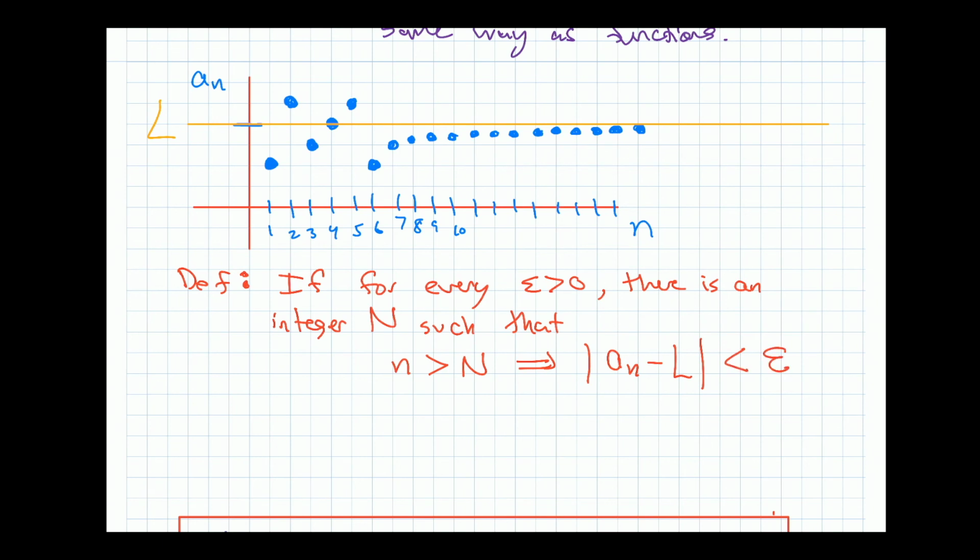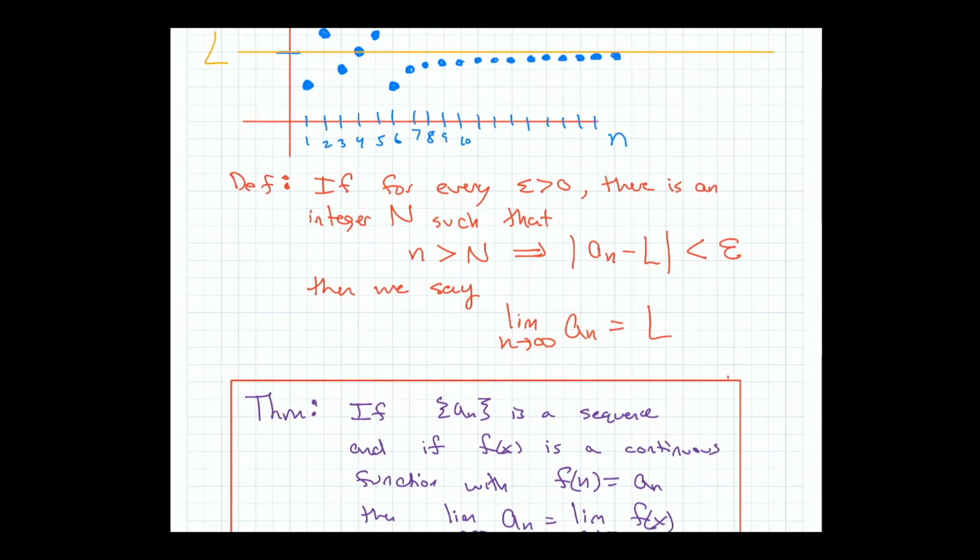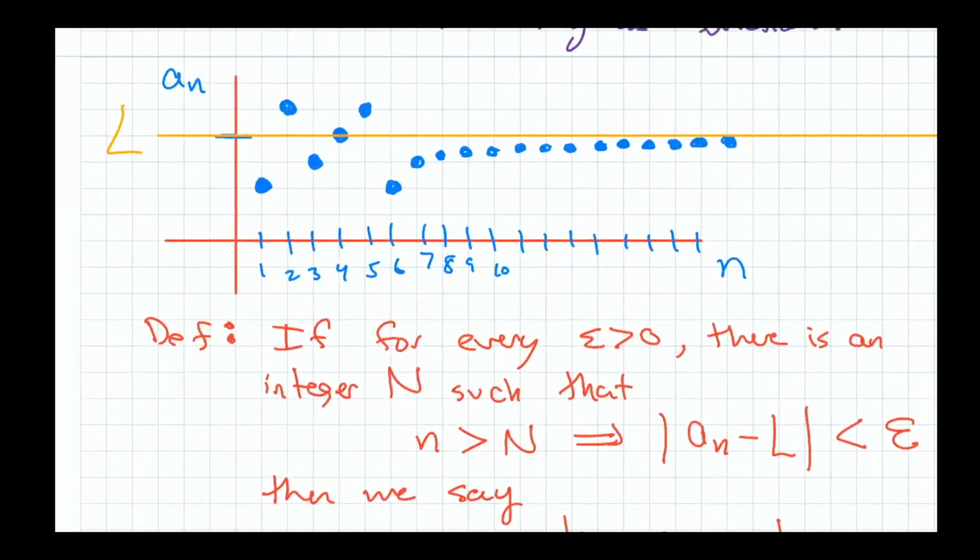So if that happens, then we say the limit as n goes to infinity of a_n equals L. Okay? That's the definition. Now, that's not something you're going to be using for calculations, but the idea is this.